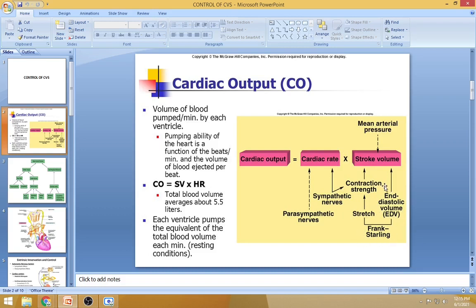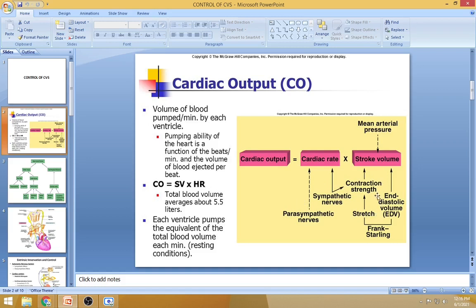The more the end diastolic volume, the more is the stretch in the heart, and so the more would be the force of contraction, resulting in more stroke volume. Clear? So if you know these factors in relation to cardiac output, that will be more than sufficient at your level.